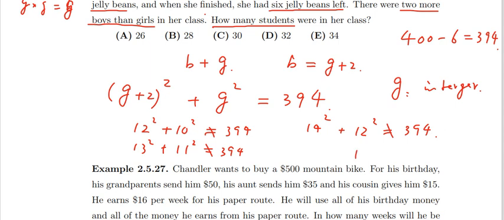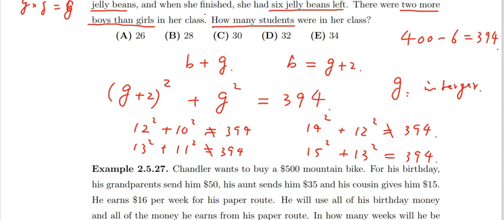How about g equals 13 and 15? Let's check the last digits. 5 squared ends in 5, and 3 squared is 9. 5 plus 9 can give a last digit of 4.